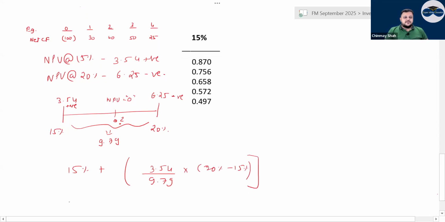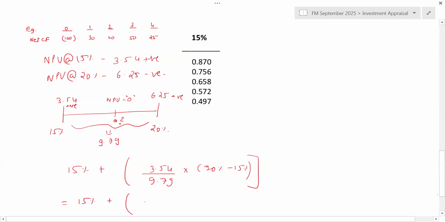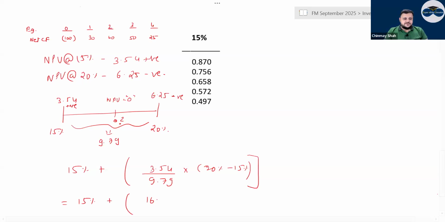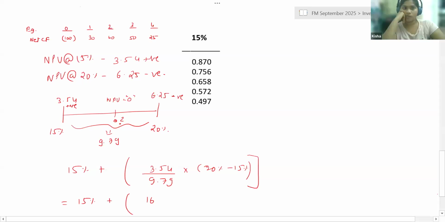Same question, only we are finding IRR. 15% plus this divided by this into 20 minus 15. How much percent do I have to travel? 3.54 out of 9.79. Okay, the whole total is 16.81.